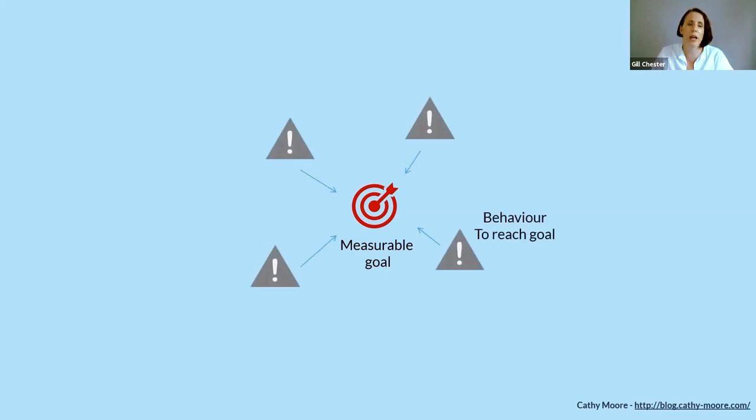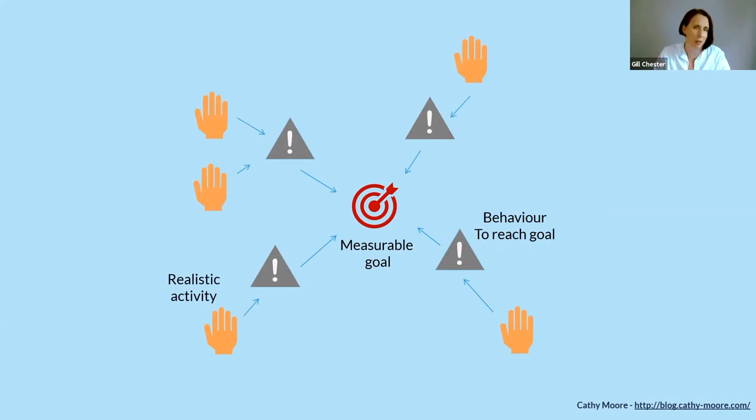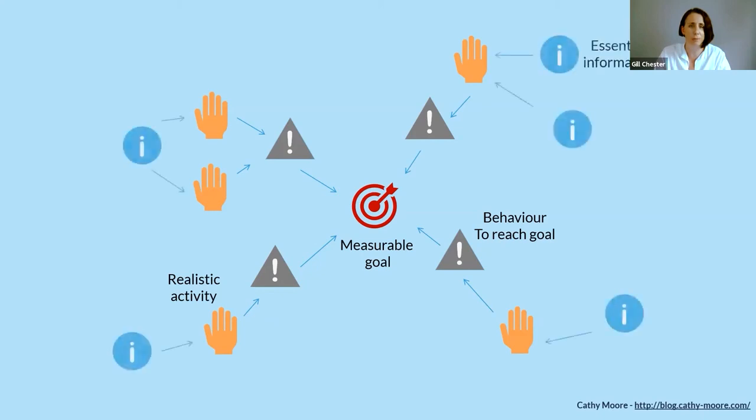So Kathy's model says, once you've got your goal, you need to think about what behaviours need to change or start to meet that measurable goal. What do people actually need to be doing, or not doing, or starting to do, that will help you meet that goal? Then, what can they practice that will help them meet that goal?